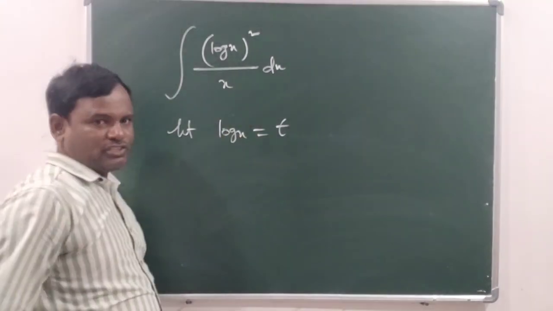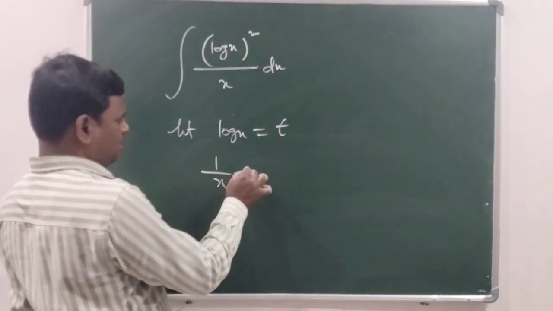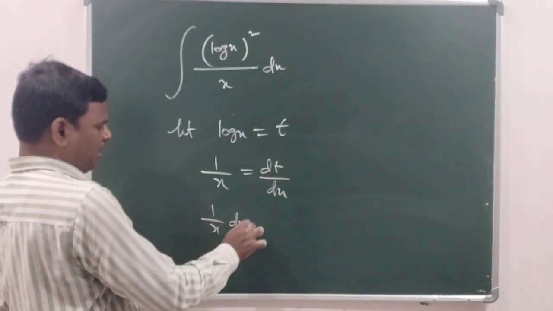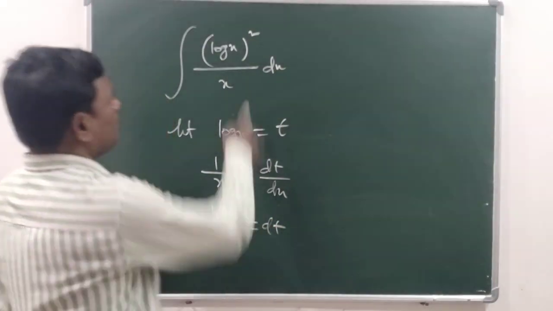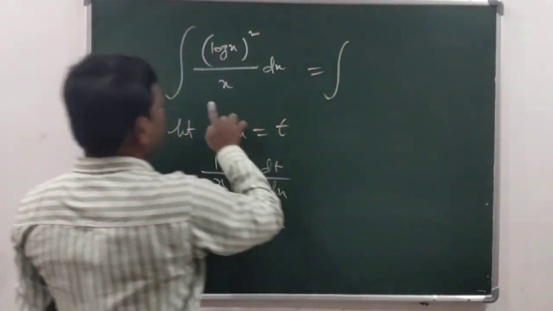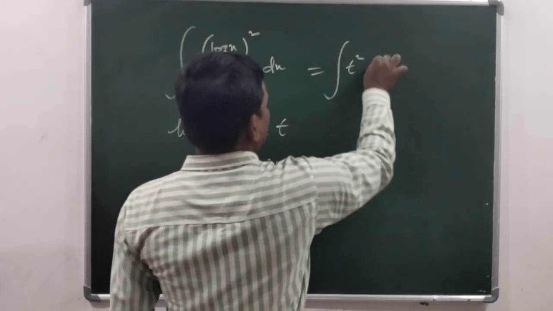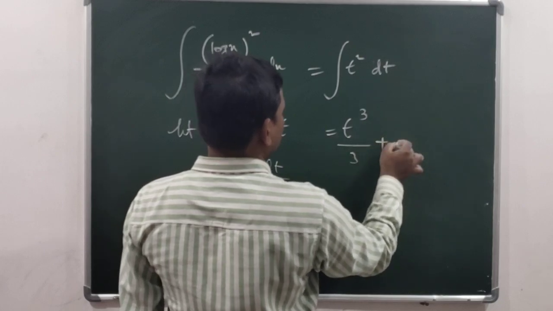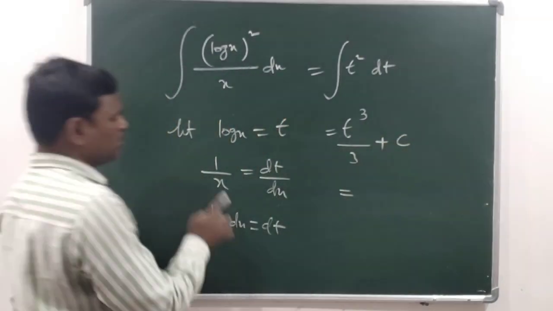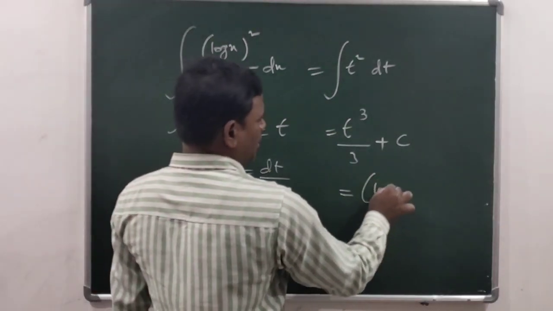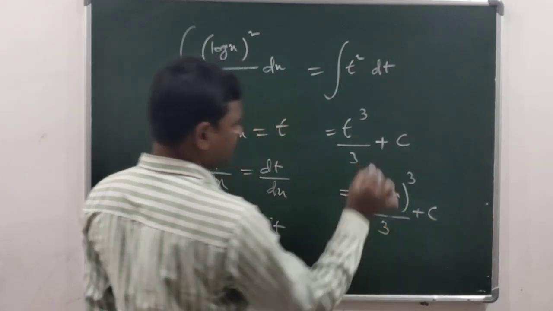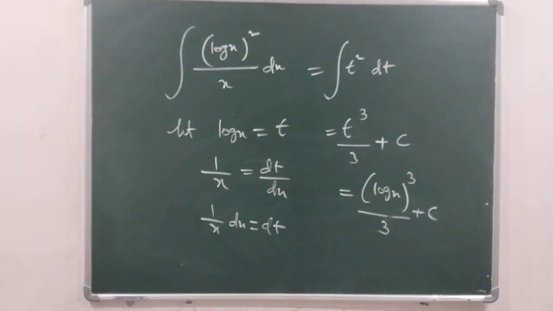Now differentiate on both sides with respect to x. Now 1 by x is equal to dt by dx. Bring dx to the left side. 1 by x dx equal to dt. Now here it is going to be t square dt. Now t square integration is t cube by 3 plus c. Now t is how much? Log x whole cube by 3 plus c.